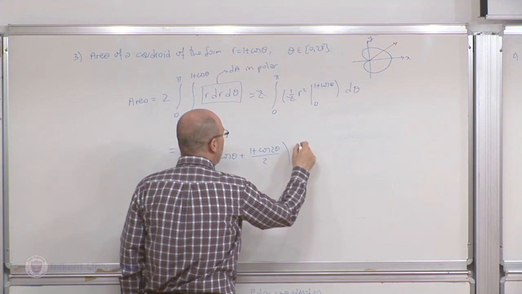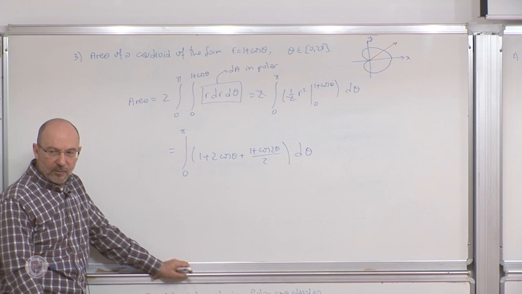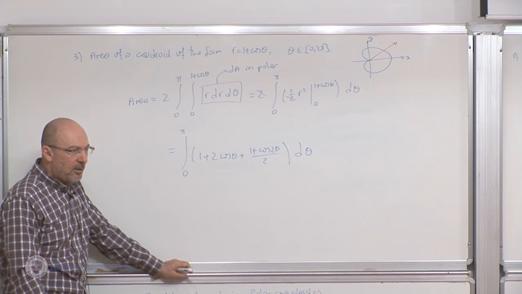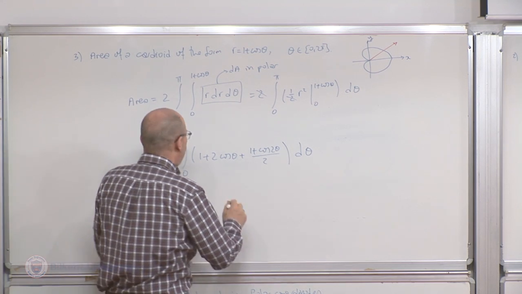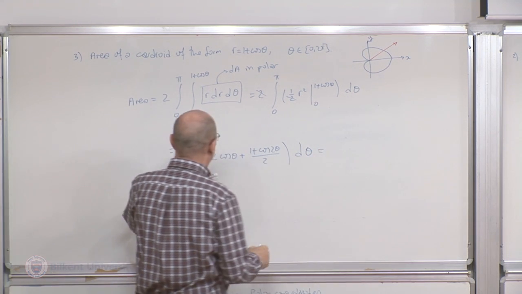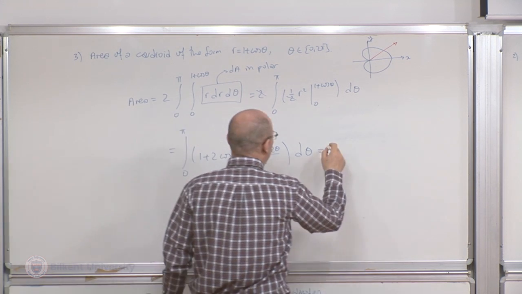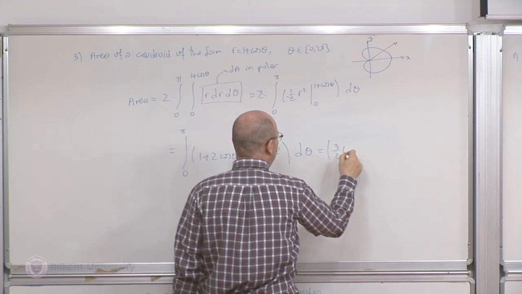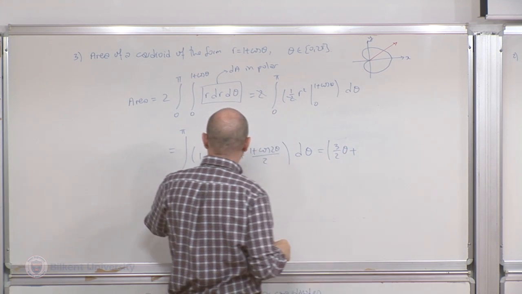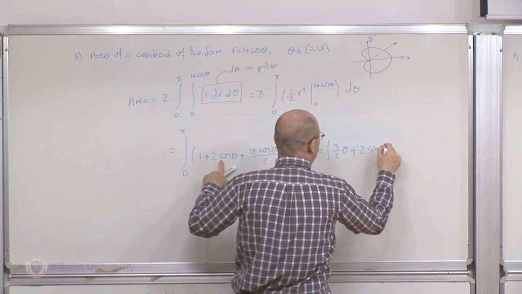So I integrate this with respect to theta. You see now everything is integrable in terms of elementary functions. So here I have 1 plus 1 over 2, so this is 3 over 2. I integrate 3 over 2 with respect to theta, plus the antiderivative of this, 2 sine theta.